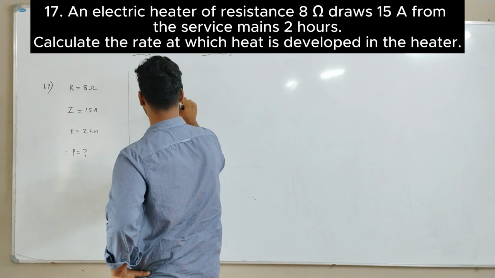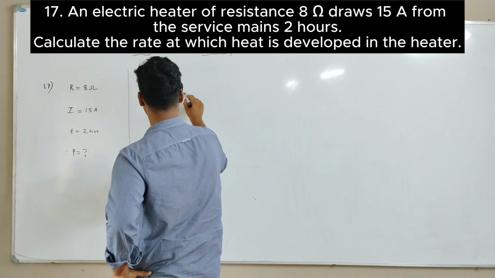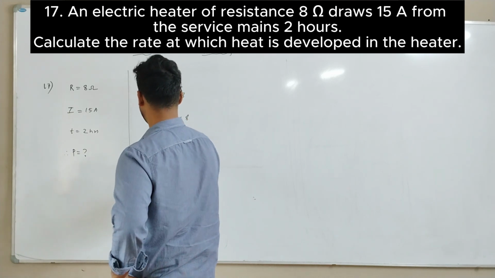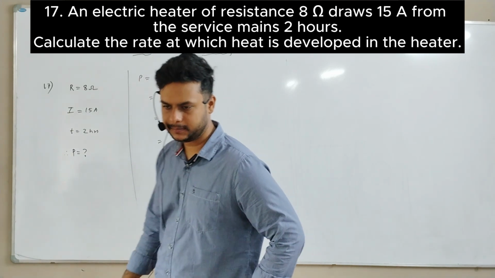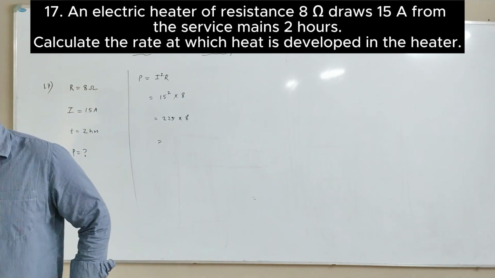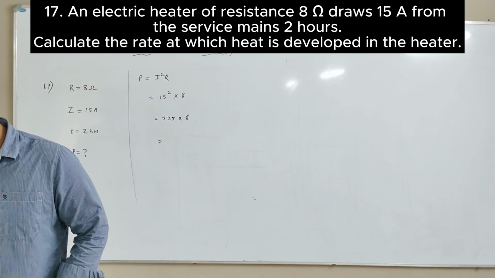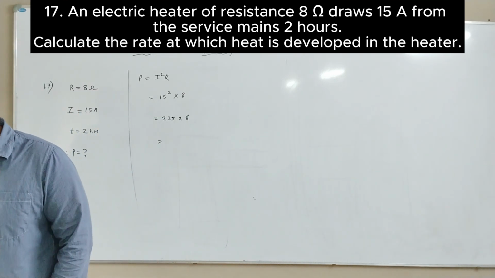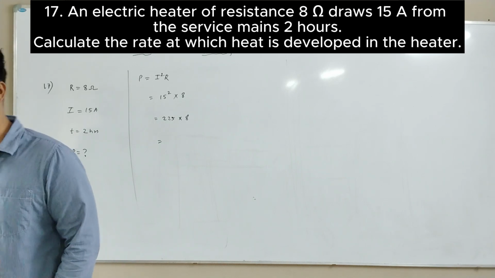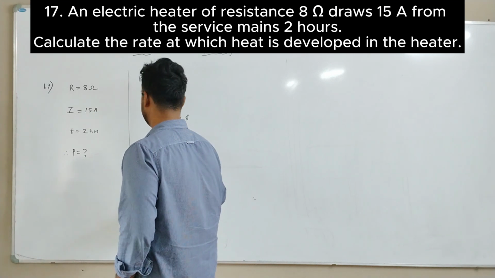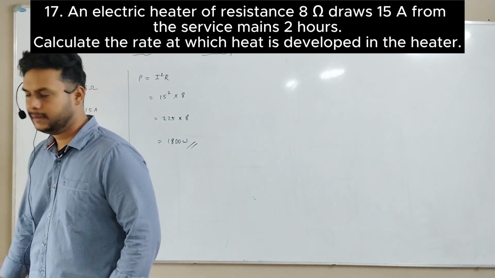I is 15, 15 square into R. R is 8. 225 into 8. Do it. 225 into 8. Fast. 1800. Correct. 1800 watt. This is the power used.